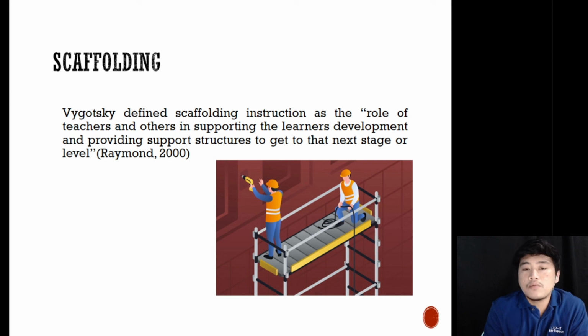Lumalapit lang yung father pag nakikita niyang natutumba, for him to support the balance again. So ganun din sa scaffolding. Ayan. So once na natuto na yung bata and the child is capable independently in riding the bicycle and in balancing the bicycle, hindi na kailangan ng father na i-balance yung bicycle.